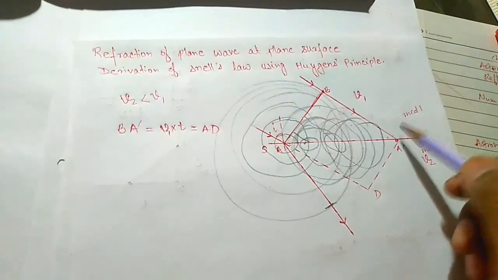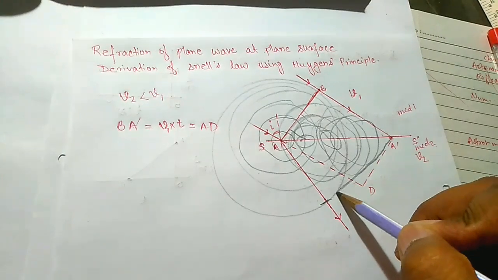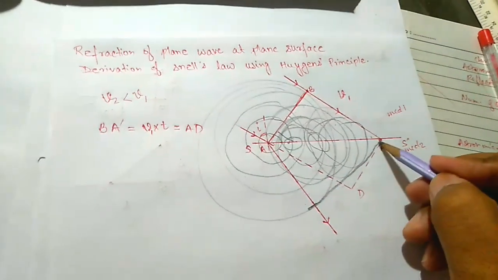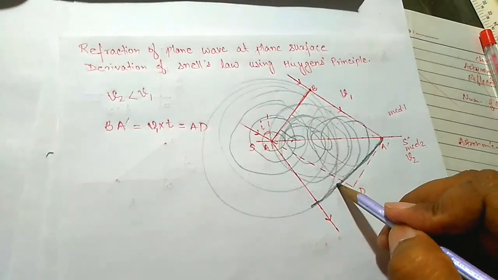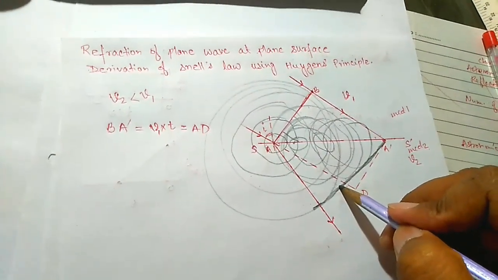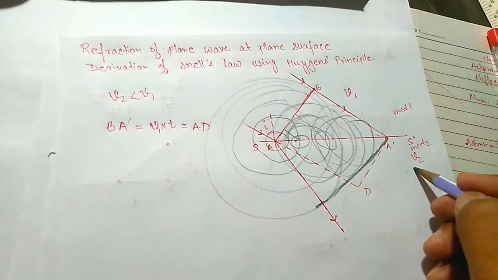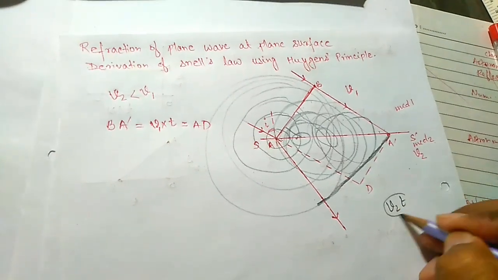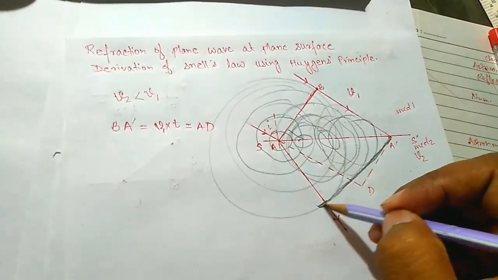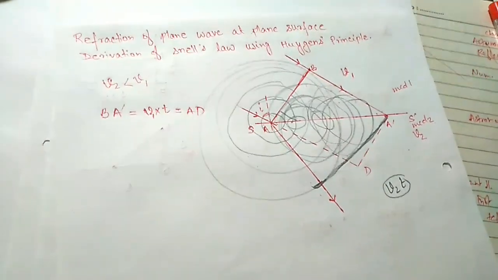So if we draw the common tangent on all these secondary wavelets, and if this tangent is common to all, then this will be called the refracted wavefront. So I'm taking an arc in this medium, the velocity is v2, in time t, distance is equal to v2t. Suppose I'm taking an arc somewhere here, and that will be equal to v2t. How? Just I'm drawing.